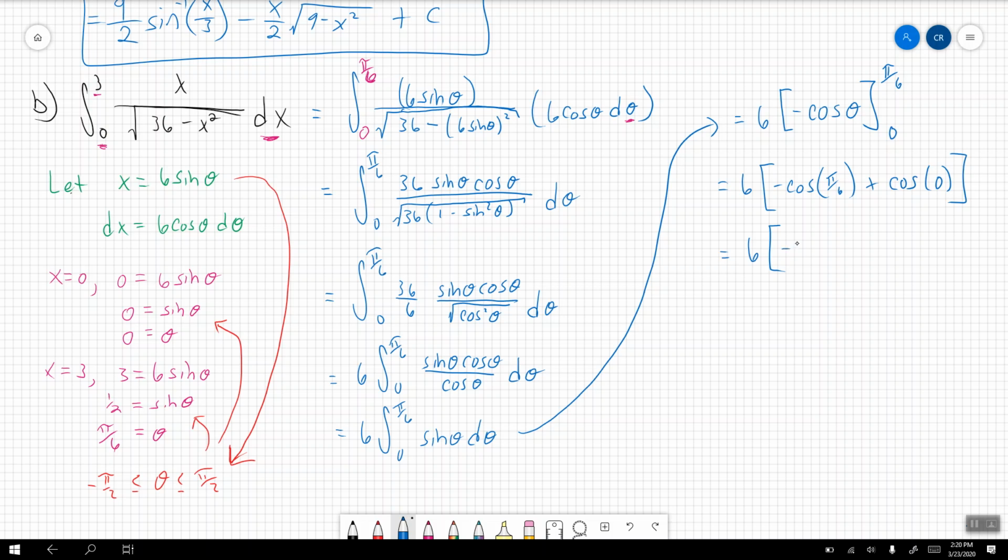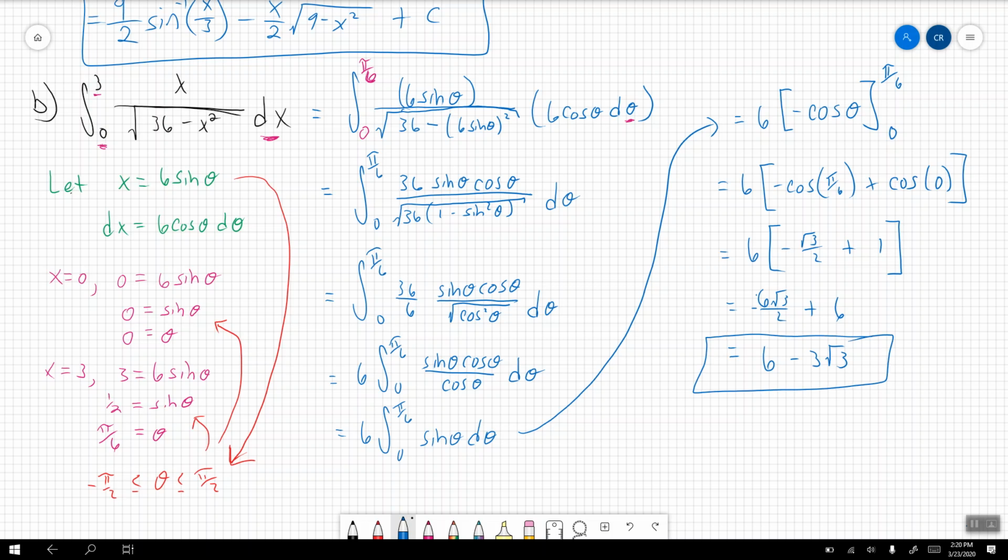So that's going to be negative root 3 over 2 plus 1. Distribute the 6. And we get negative 6 root 3 over 2 plus 6, which naturally simplifies to 6 minus 3 root 3 as the final answer. And there we have it.